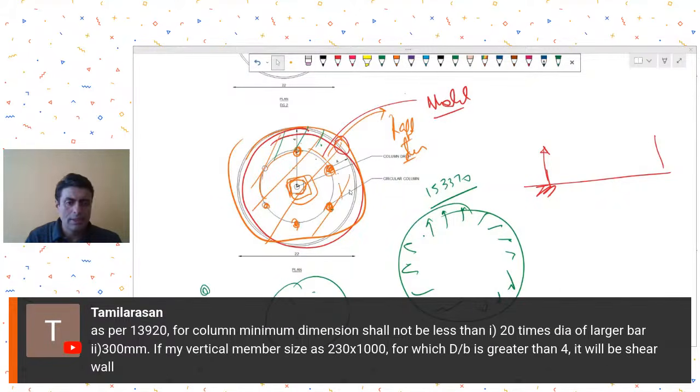Mr. Tamilarasan is asking, as per IS 13920 for column, minimum dimension shall not be less than 20 times the bar diameter, but if my vertical member size is 230 cross 1000, it will be a shear wall. Yes. So that is a lag as of now in the 13920, where you can take advantage of that lag.